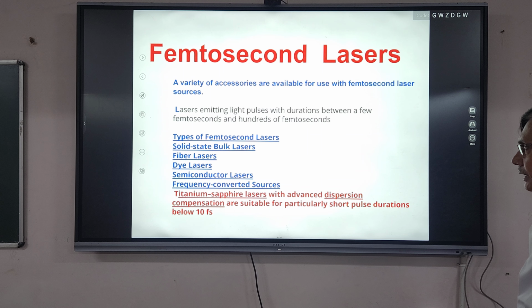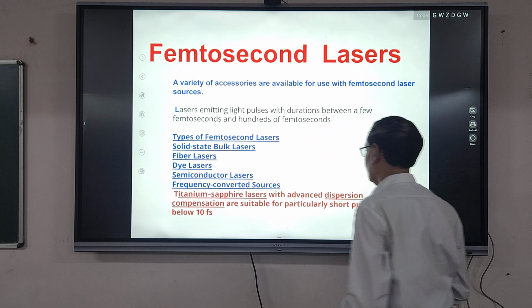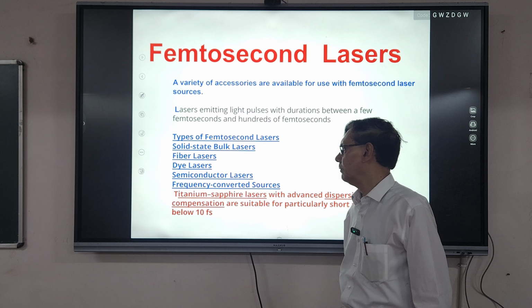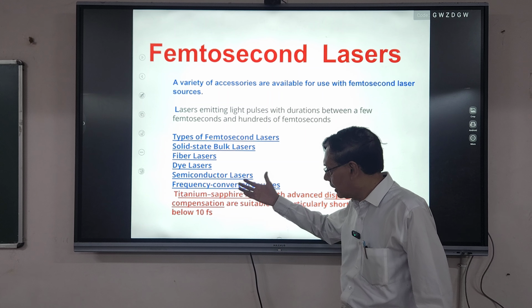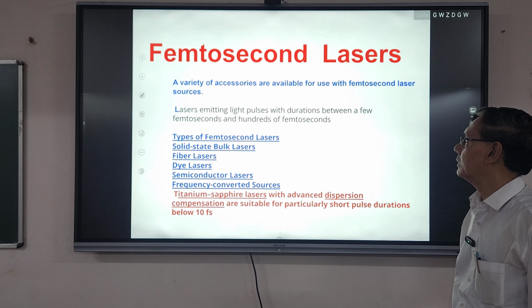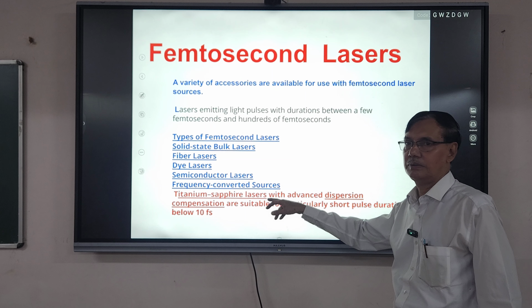When I saw the literature, titanium sapphire lasers with advanced dispersion compensation are suitable for particularly short pulse durations. Now people are using the dye laser and the semiconductor laser, but during the time of Ahmed Zewail, they used this titanium sapphire laser and other things.